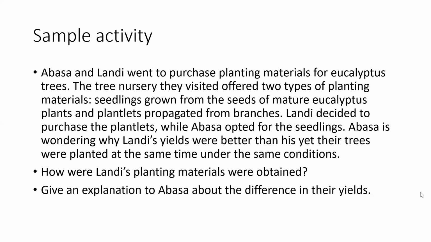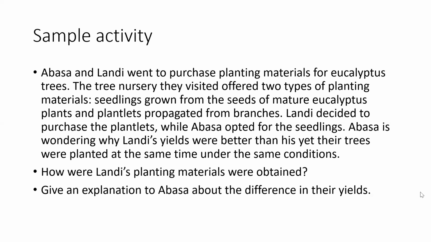Landy decided to purchase the plantlets, while Abasa opted for the seedlings. Abasa is wondering why Landy's yields were better than his, yet their trees were planted at the same time under the same conditions. Okay?